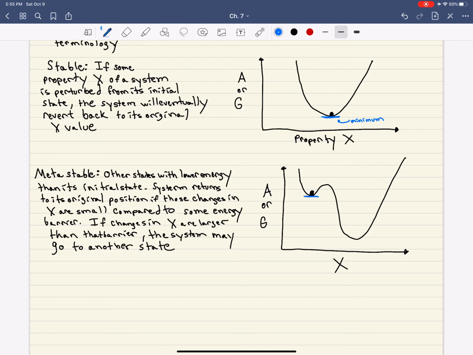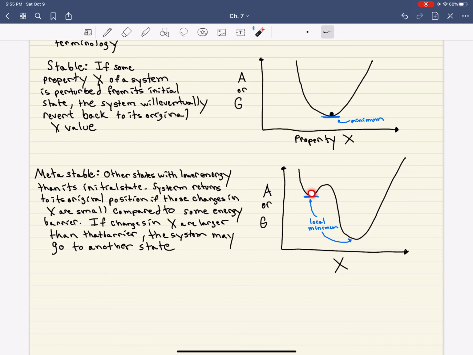And we see that in this state, the system is at a minimum in its energy, in its Helmholtz or its Gibbs energy. But it's not a global minimum, right? In fact, what we have here is a local minimum. And we see if we trace along other parts of the curve that there are also other minimums in the energy, like one here. Okay? But in any case, initially the system is in some sort of equilibrium state here.